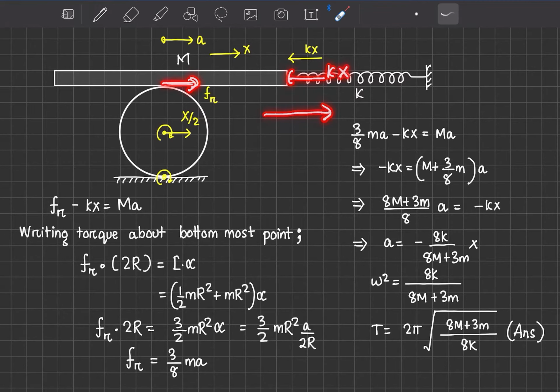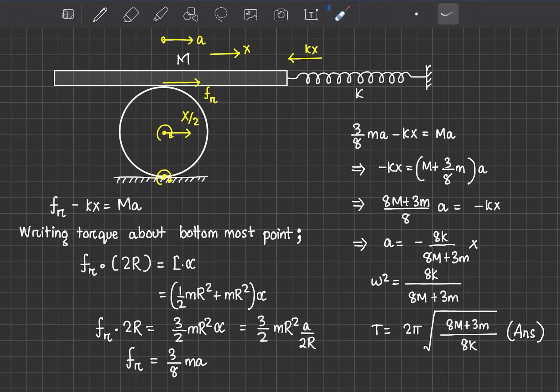So if we write the force equation: Fr minus kx equals ma. So net force Fr this way, kx backward. So Fr minus kx is the net m into a of the rod.